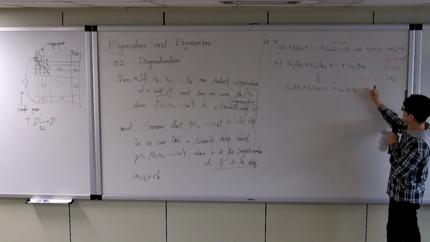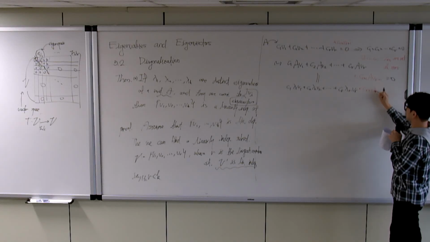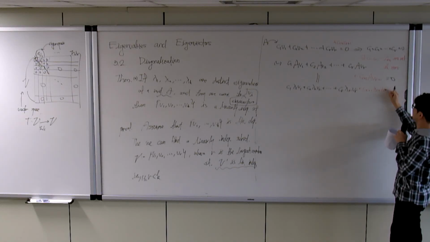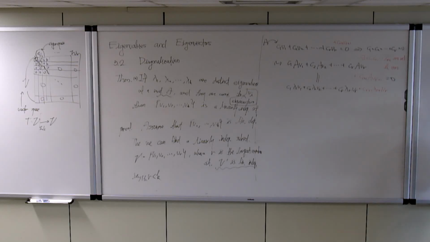And since v1 to vr is a linearly independent set, that means c1 to cr are all 0.